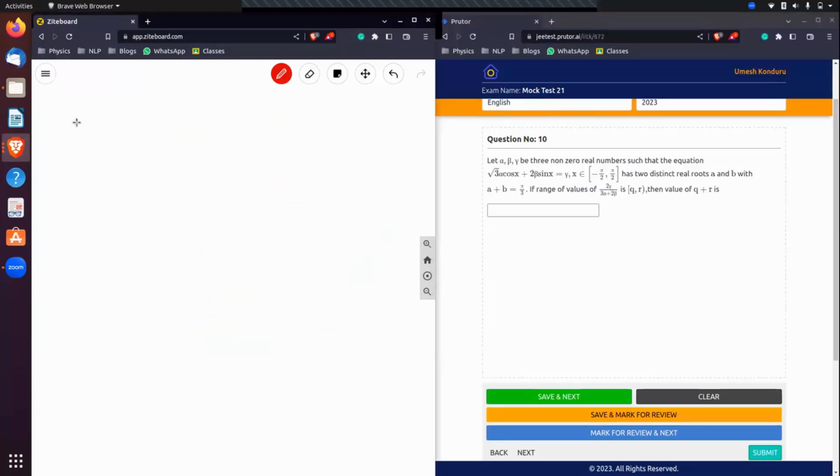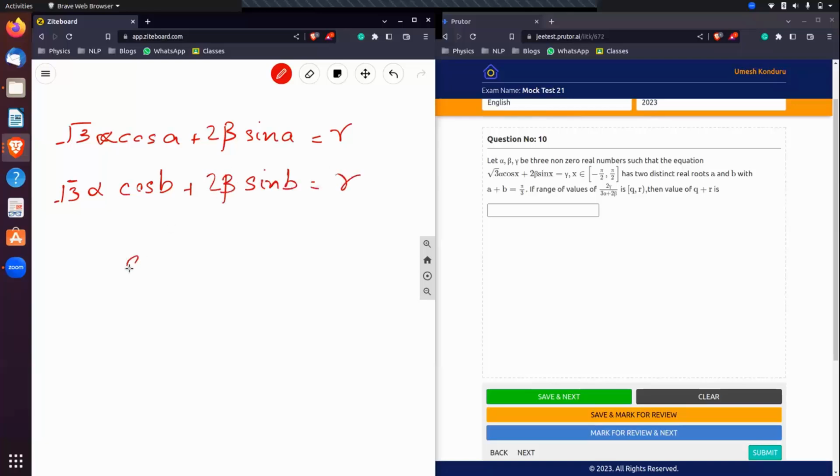Okay. So what the question usually says is you have two angles satisfying this equation. Let's say 3 alpha cos A plus 2 beta sin A equals gamma. And also we have 3 alpha cos B plus 2 beta sin B, such that A plus B equals pi by 3.